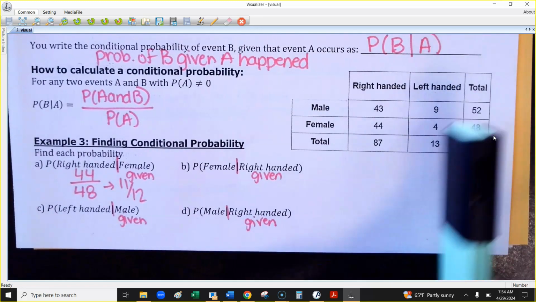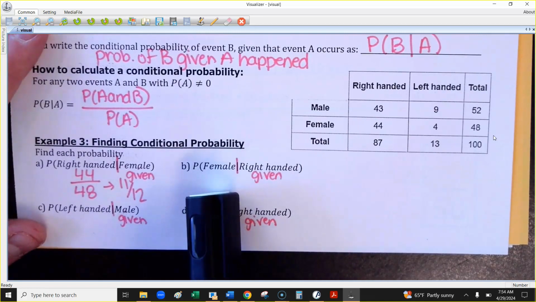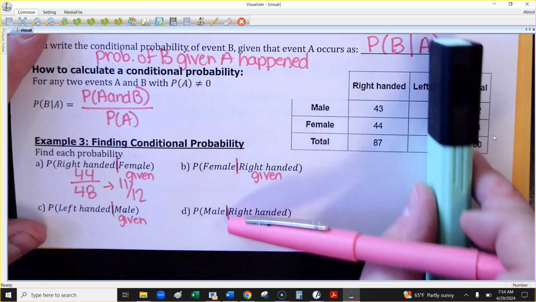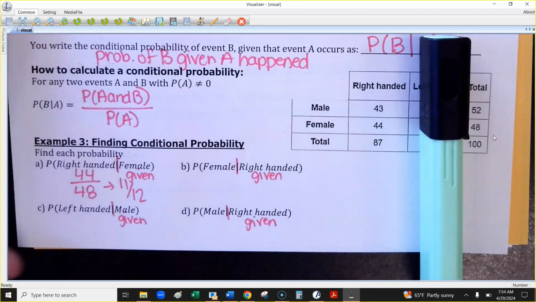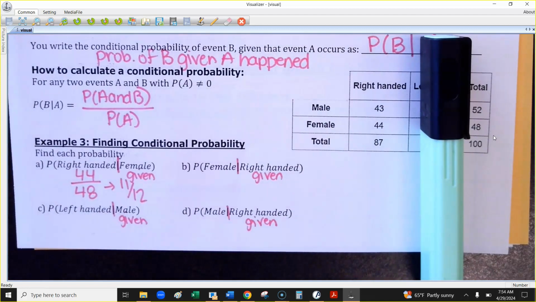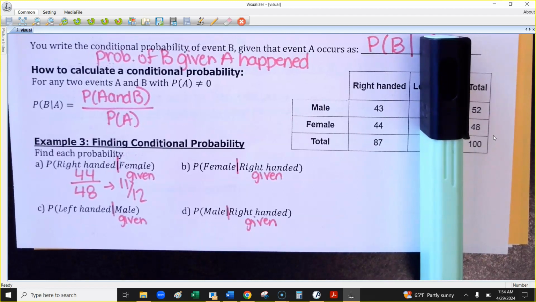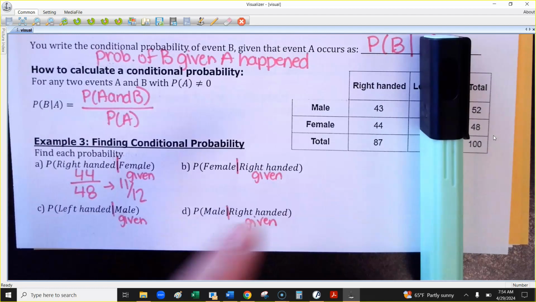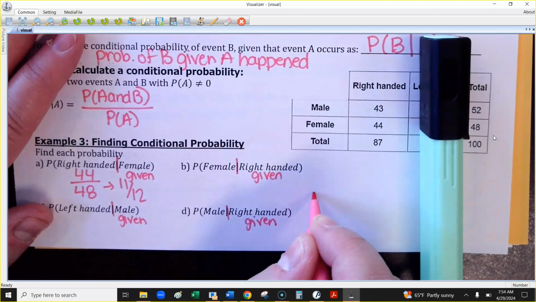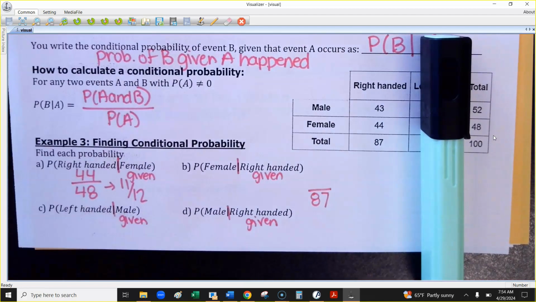So whatever's given, the total in that column or that row should go in the bottom of your probability. This one says the probability the person's female given that I know they're right-handed, which sounds really similar to the question we just did, but it's backwards, right? The last one, I was given that the person was female, and asked for the probability they're right-handed. This one is saying I know the person's right-handed, what's the probability that they're female? So given that they're right-handed, the total in that column, those 87 right-handed people, goes on the bottom.